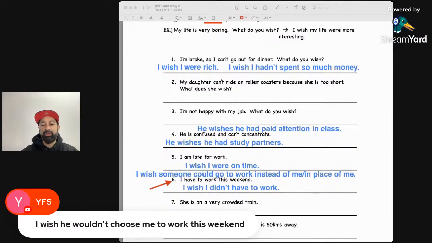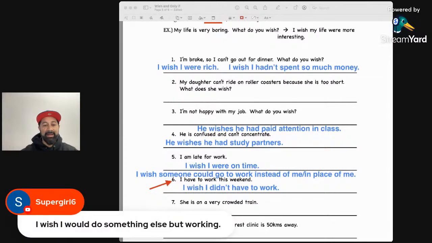YFS, I wish he wouldn't choose me to work this weekend. Yeah, good. So your boss has chosen you. So you wish he would sort of change that from happening. Excellent. Supergirl, I wish I would do something else but working. Okay, this is good.